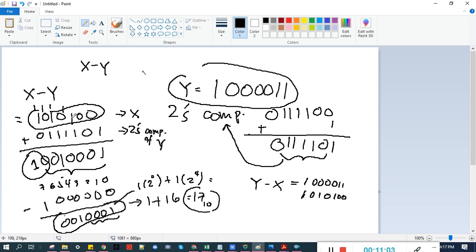Both of them contain 7 bits, and they start with 1. Then next is 0 0 and then 0. Here we have 1. So clearly we can see that x is greater than y.